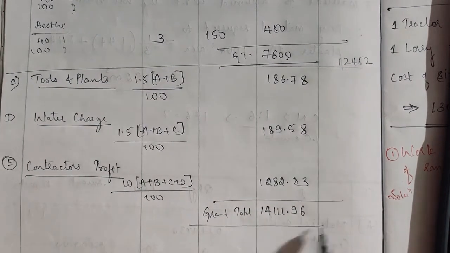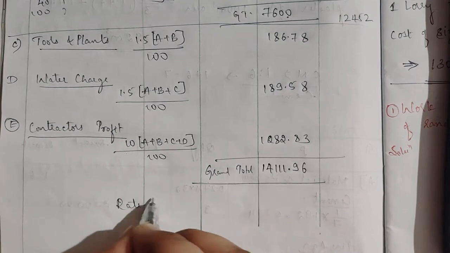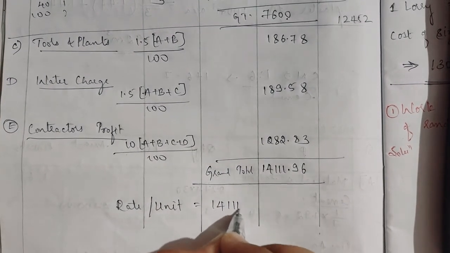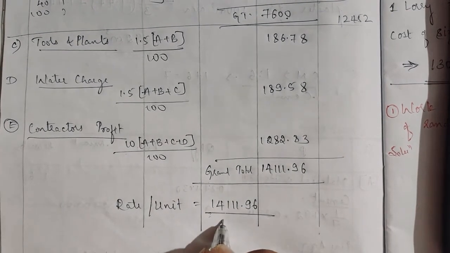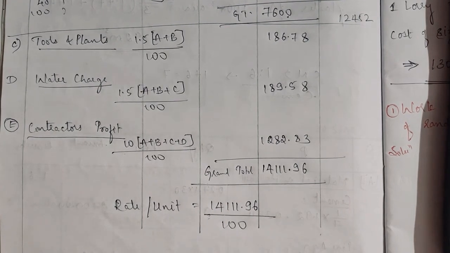Now for this, how do we find the rate per unit? Rate per unit is equal to 14,311.96 divided by the volume we assumed, 100.